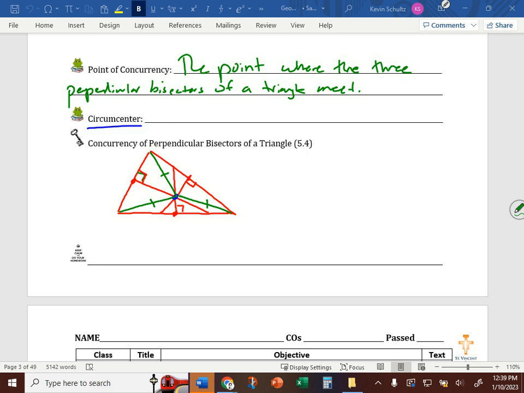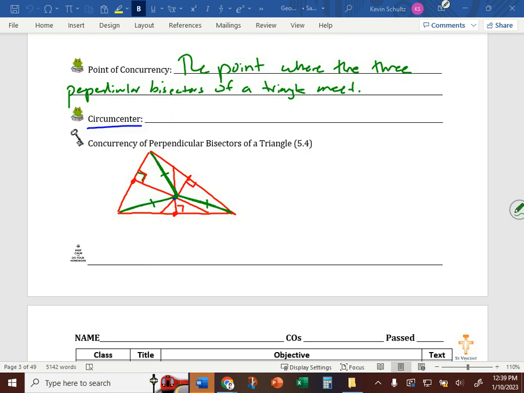Again, if you do this correctly, your circumcenter should be equidistant from the three angles of the triangle. So what I did here, folks, is I drew segments from the circumcenter to each angle. Those should all be congruent. If you want to draw this on your page, that'd probably be a good idea, as close as you can.